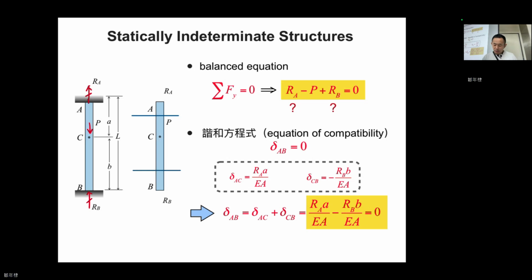And then this is the Ra, this is the Rb, and this is P. Just for simplicity, the upper part I cut, I leave the upper part, and the lower part I leave the lower part.